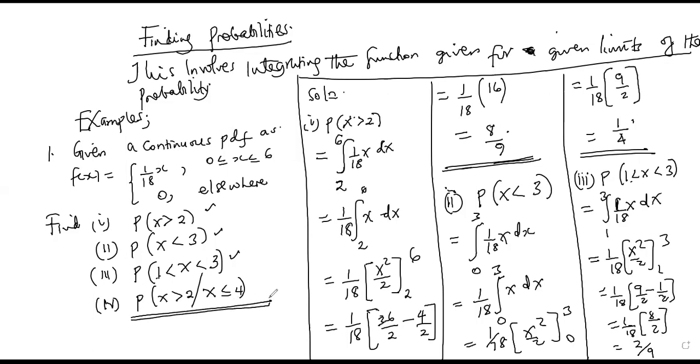Then now we go to this. So probability of x greater than 2 given x less or equal to 4.